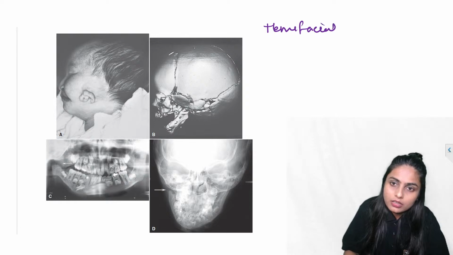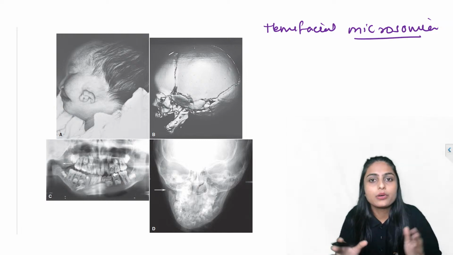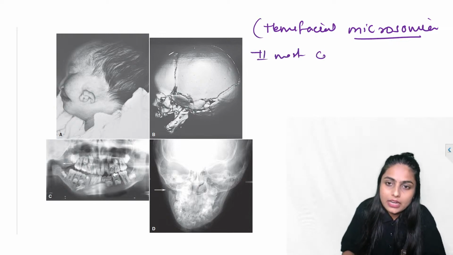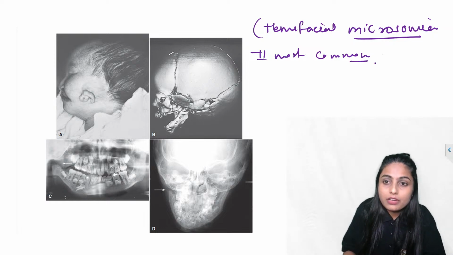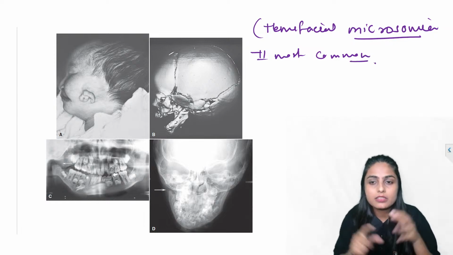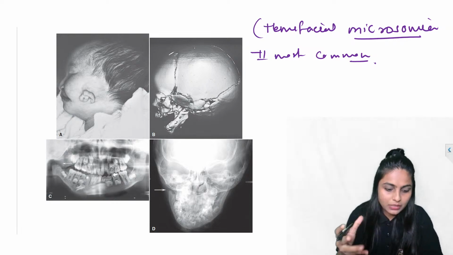hemifacial microsomia. So I am discussing the most frequently asked syndromes only, all right? Hemifacial microsomia, you can write it down as the second most common developmental craniofacial anomaly, after cleft lip and palate.